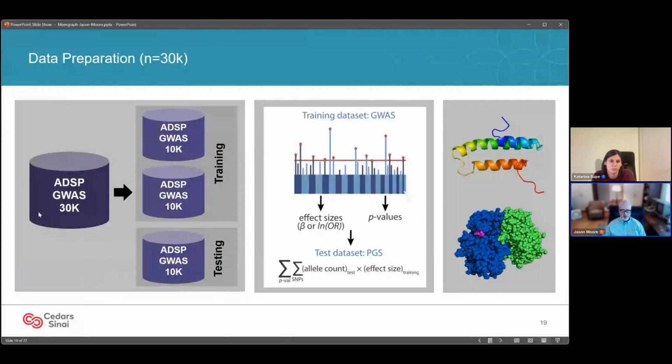We have genetic measurements across the human genome for these 30,000 subjects. We split that into a training and testing set. And then we create what's called a gene risk score for every one of the 20,000 genes from all the genetic measurements. So that's the data that we're working with in this study.